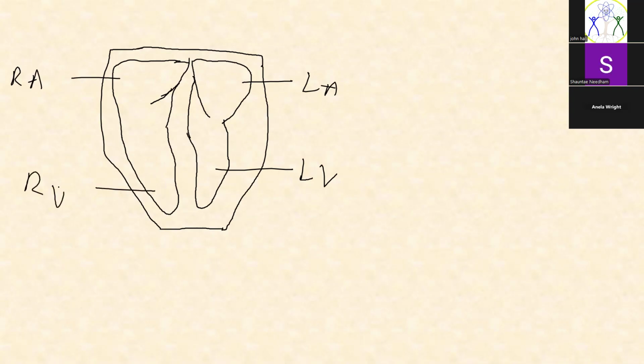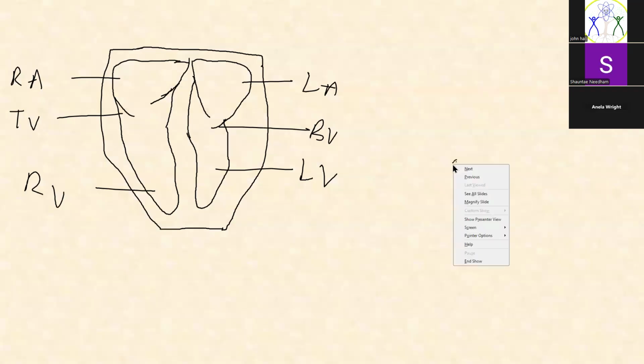All right. So we have here left ventricle, left atrium, right atrium, right ventricle. Okay. And those are our valves. So tricuspid valve and bicuspid valve. Okay.